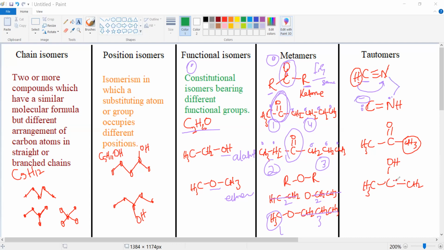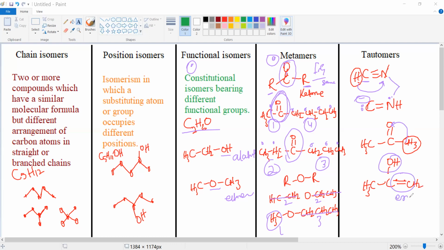So what would happen? These 2 carbons will make a bond over here, and instead of a single bond, now we have a double bond. Let us notice the change. What is the change over here? Due to the shift of hydrogen from carbon to oxygen, now we have another functional group over here.